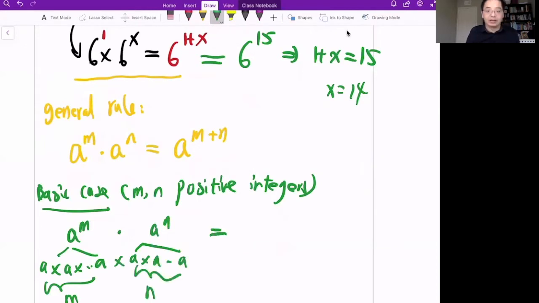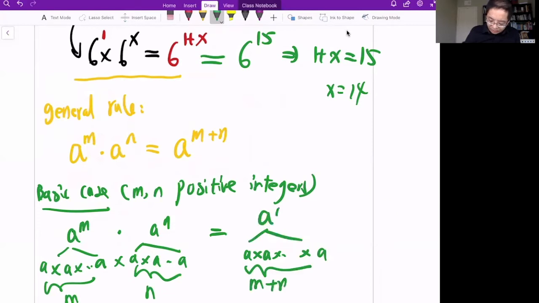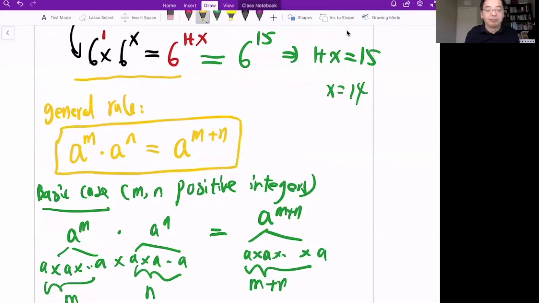If you multiply together, in total you get a times a, all the way to a, m plus n times, which by definition is a to the m plus n. All right, so remember this. This is a basic rule of a power function.